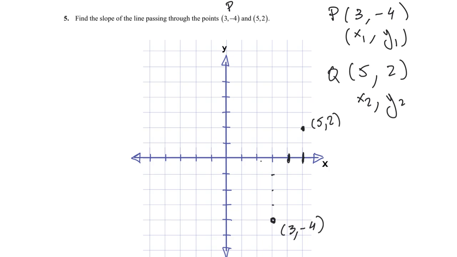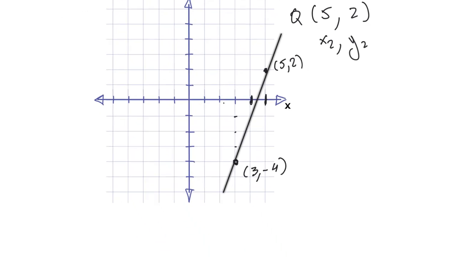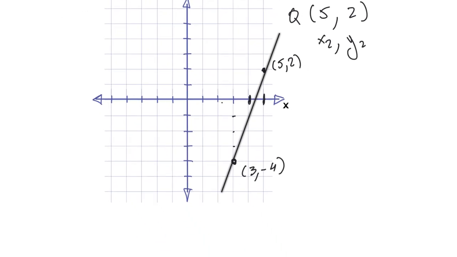Between these two points there is a rectilinear line that passes through them, and there is a slope. What is the slope? The slope m is delta y divided by delta x, or in other words, y2 minus y1 divided by x2 minus x1.